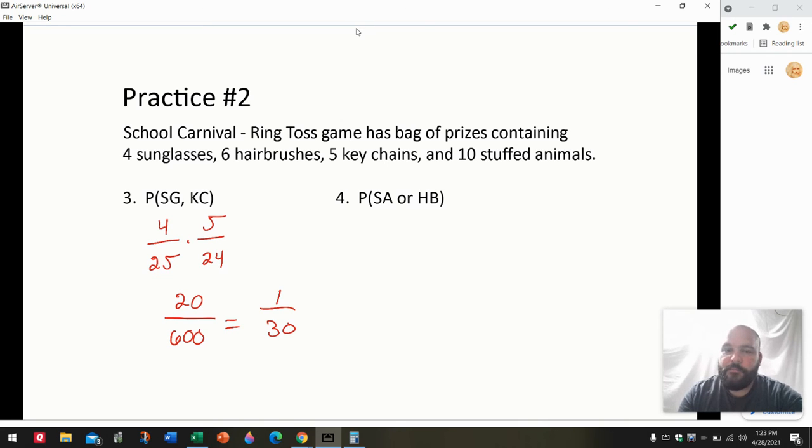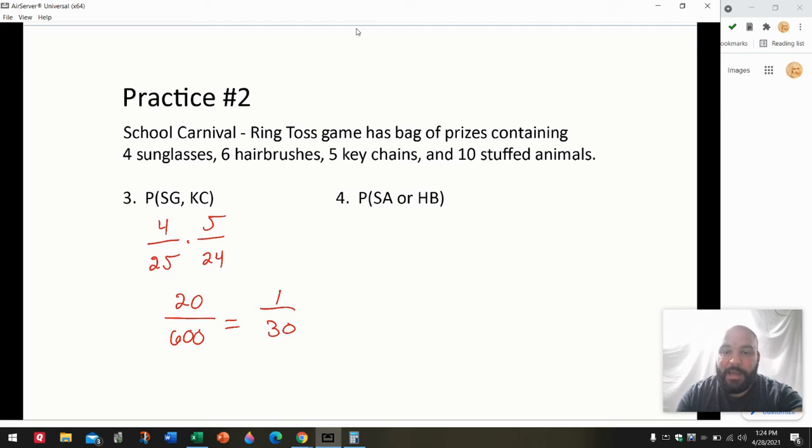Now, number 4 is a little bit different than the last one because it doesn't say pick SA or HB, SA being stuffed animals or hairbrush. So you're picking one or the other. You're not taking 2 picks like you did in the last problem. So we just need to figure out how many totals, stuffed animals and hairbrushes there are, and then we'll know what our probability is.